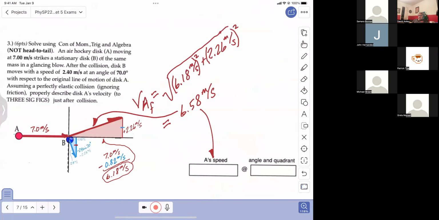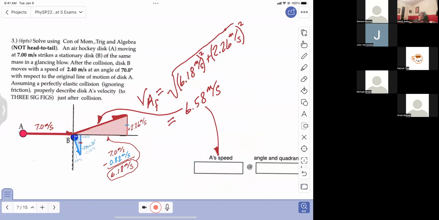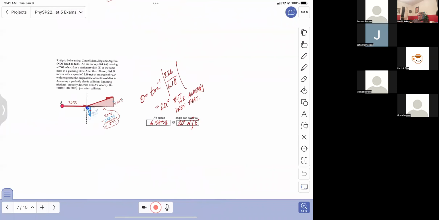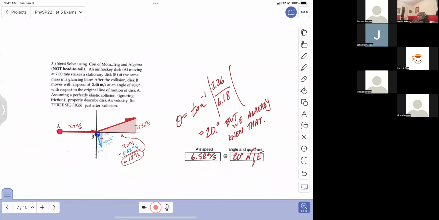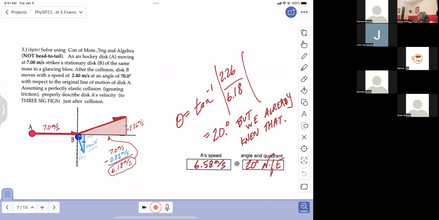And then I got to find the angle, and I used inverse tangent of the y over the x. So 2.26 over 6.18. After I did that, I already knew it was 20 degrees, but it was a good verification. So it's 20 degrees to 2 sig figs anyway. Okay, done.